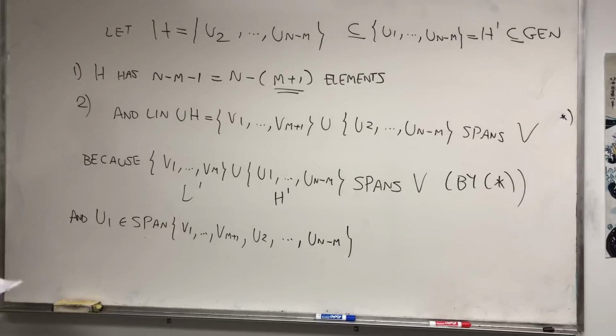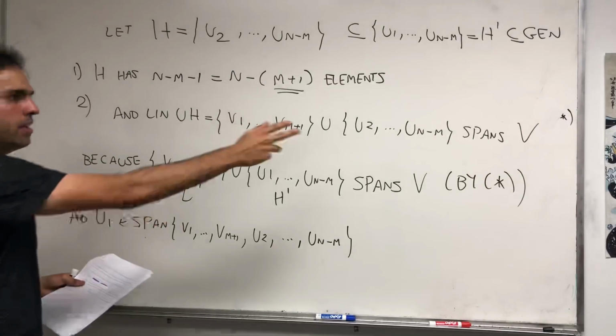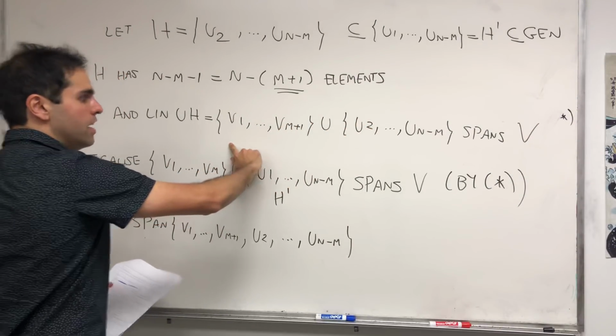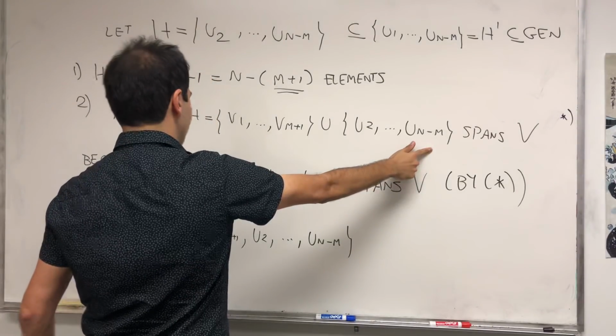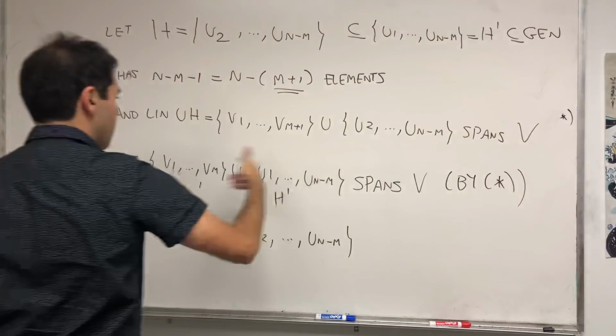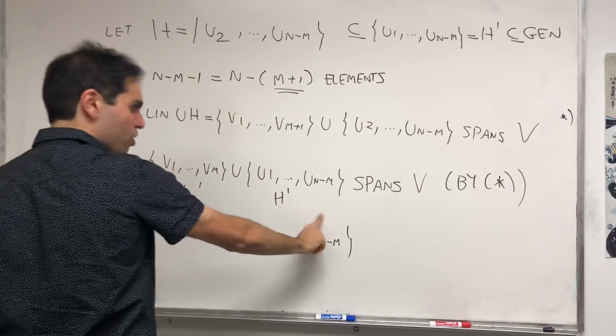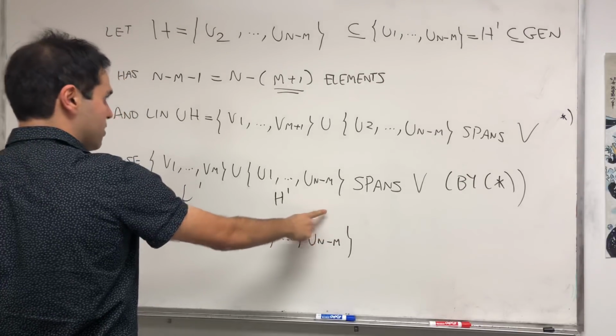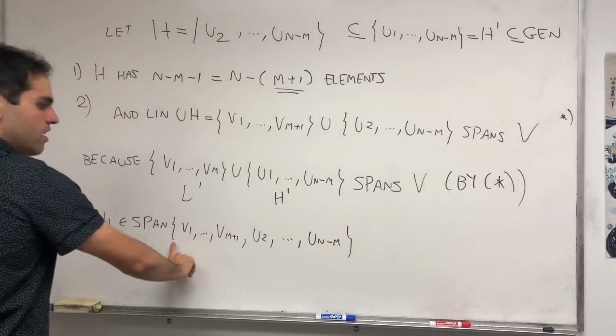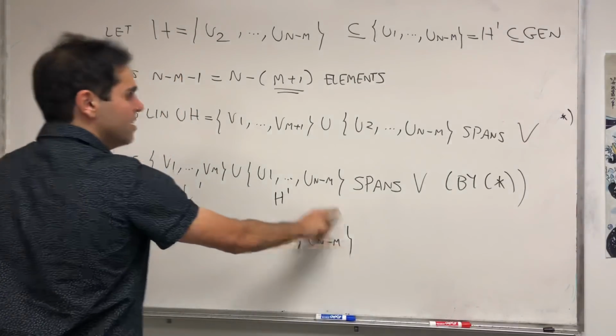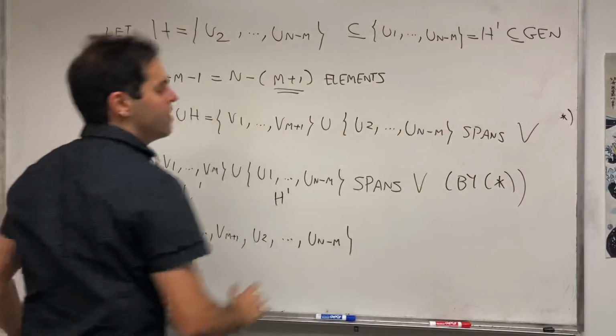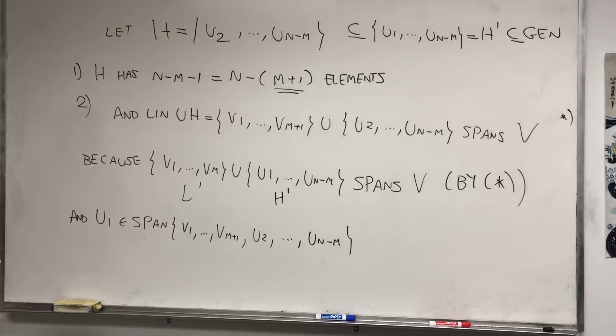So again, if you take an arbitrary element in your vector space, it's a linear combo of all those things, but U1 you can write as a linear combo of those things. So in particular, you can write everything as a linear combo of those things.